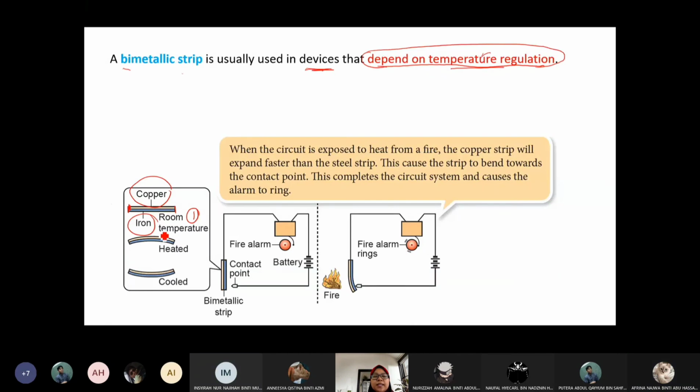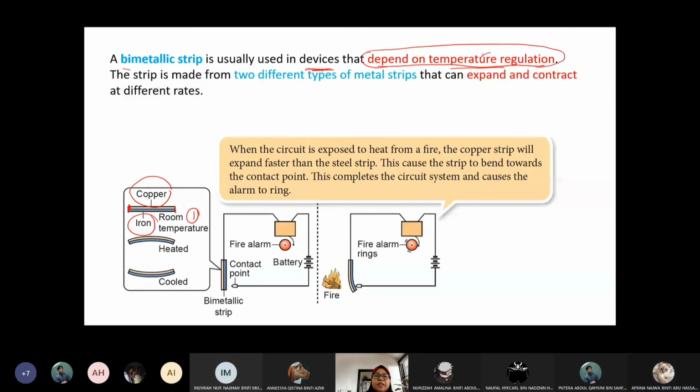Now look at that. The strip is made of two different types of metal, copper and iron. Why is that? Because copper and iron are different, therefore they expand and contract at different rates.